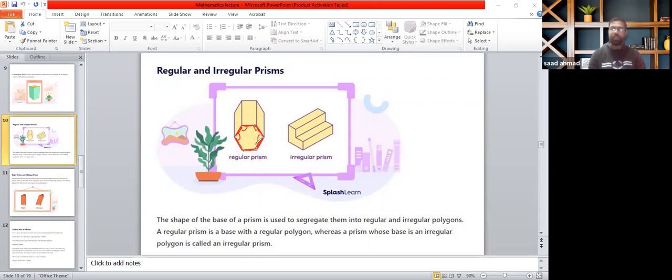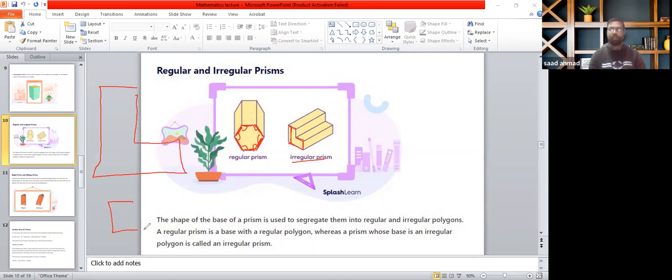Then they are regular. But with this one, this length is smaller than this length, so this is an irregular prism because the base on which we are making the prism is not a regular shape.